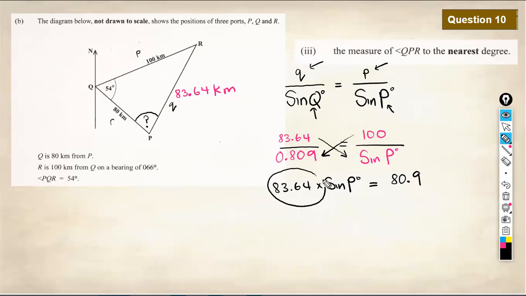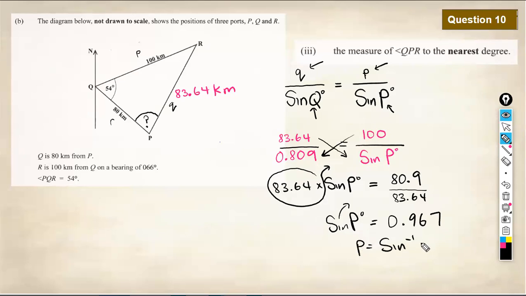Throw across the multiply, you're going to get what? A divide. Divide this, round it off to 3 decimal places, and then sine inverse it. Let's see what I get. 80.9 divided by 83.64. I'm getting 0.967.